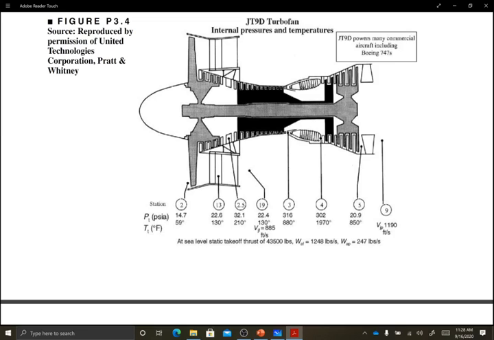Yeah, you said pressure after the turbine, and that's after the turbine. And the pressure at the inlet, right? So that's PT3 over PT2, right?